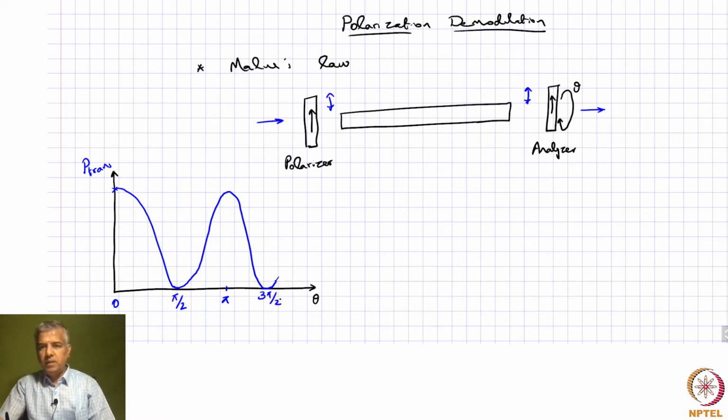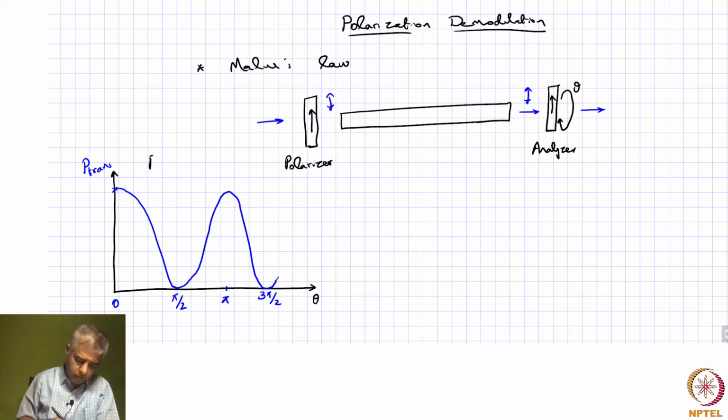So by analyzing the output radiation that you have here from this medium, you can figure out what the polarization state is at the output. Now, what Malus's Law tells us is that this is a cos square function.